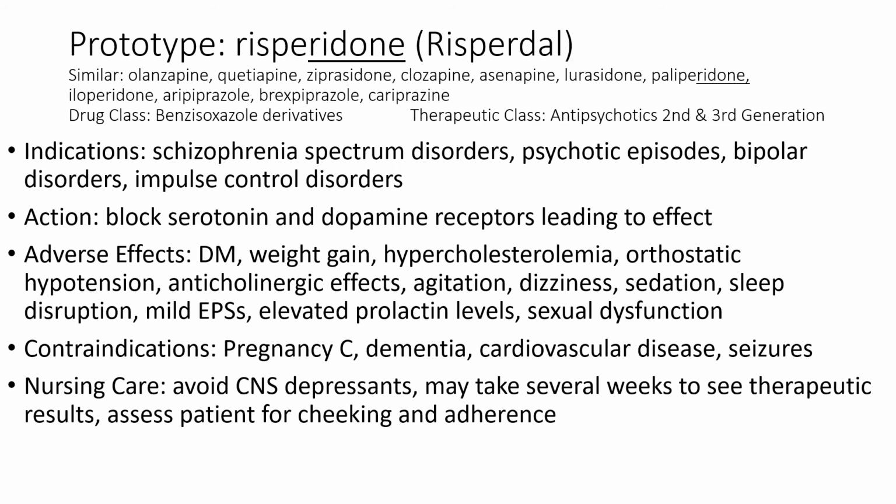So not only do they have fewer EPS side effects, they tend to be not as sedating as the older antipsychotics as well. So that's also a big benefit if you're not over sedating, and they don't have as much anticholinergic effects as the older antipsychotics.